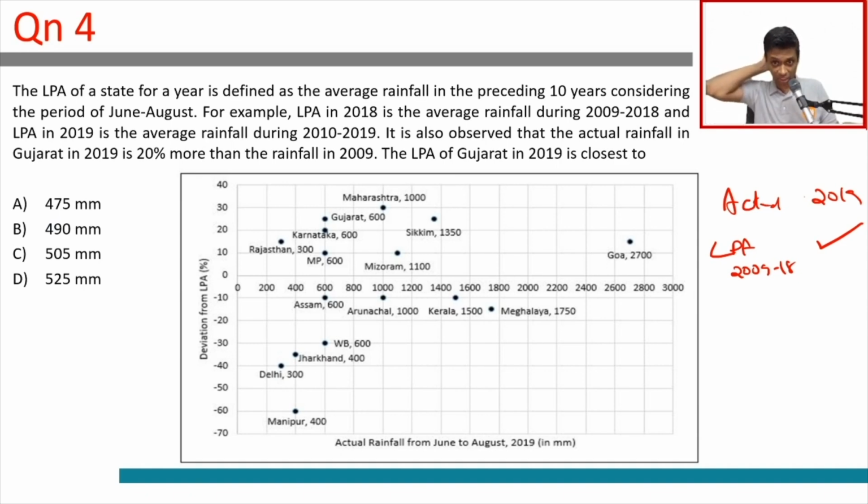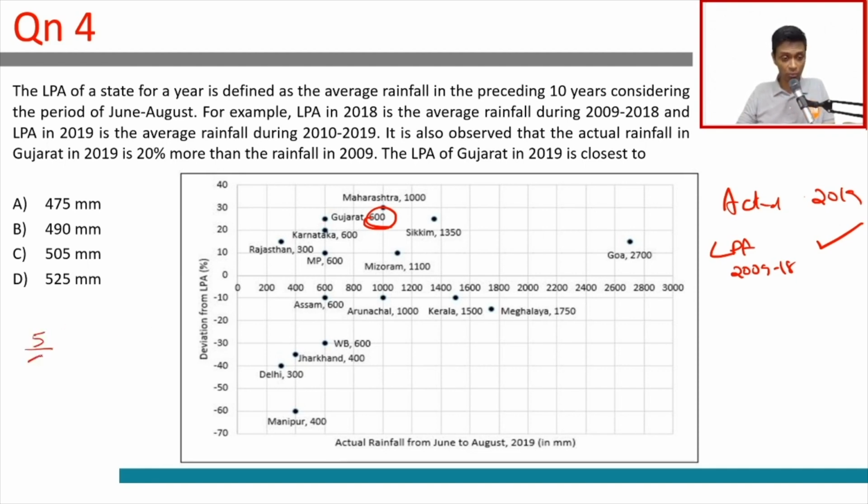But the question is asking us for LPA of Gujarat in 2019. Right? Brilliant. So let's think about actual in 2019 and LPA in 2009 to 18. Actual in 2019 is 600 millimeters. That we know. Now this is 25% more than LPA. And 25% is 1/4.